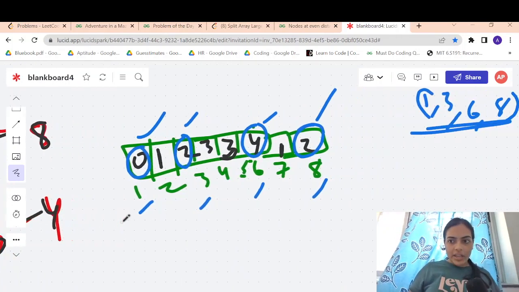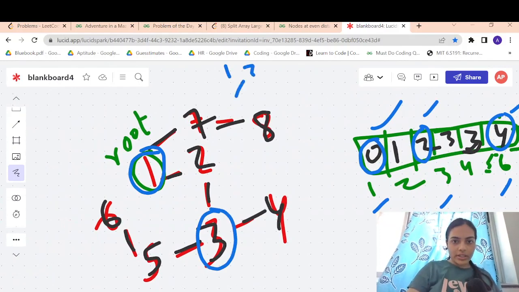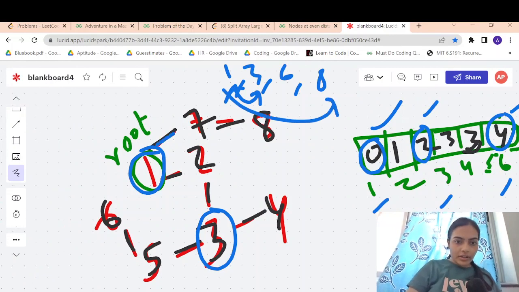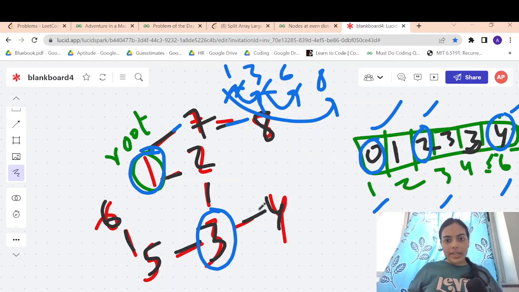So relatively, if you see any of the nodes 1, 3, 6, 8, either you take 1, 3 pair or you take 1, 8 pair, or if you take 3, 6 pair, anything, right? All these nodes amongst each other they will have even distances, right? So that is the simple logic.